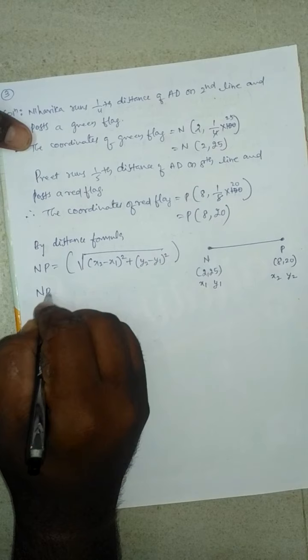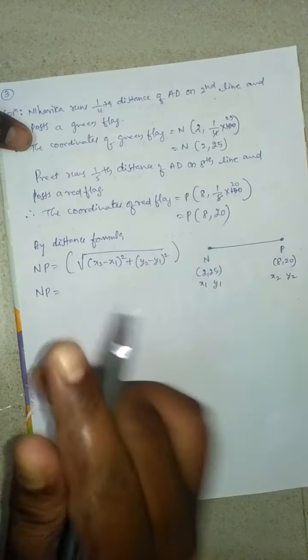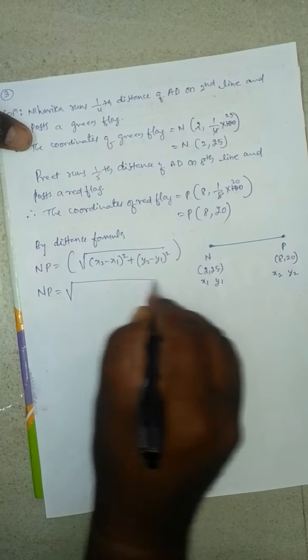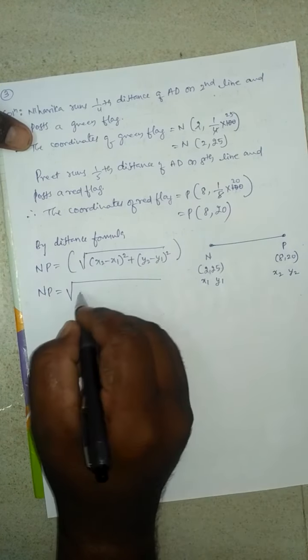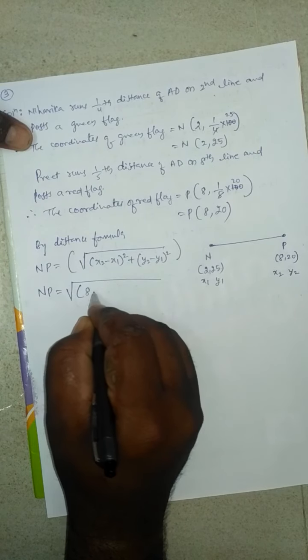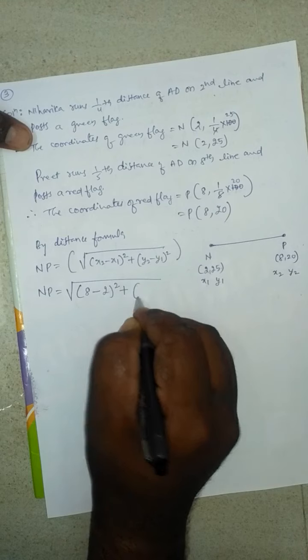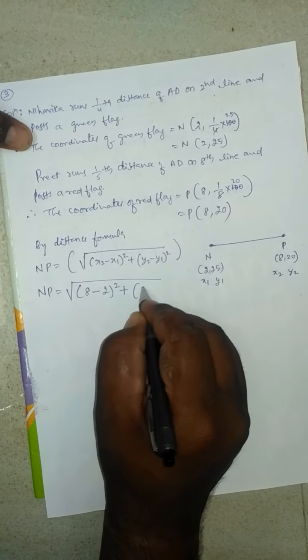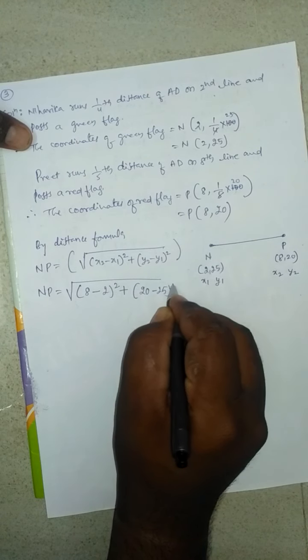So NP means distance between the flags of Niharika and Preet, that is equal to under root, you have to substitute values of x1 y1 and x2 y2 in this formula. X2 is 8 minus x1 is 2 whole square plus y2 is 20 minus y1 is 25 whole square.